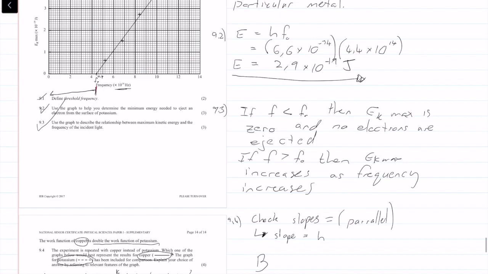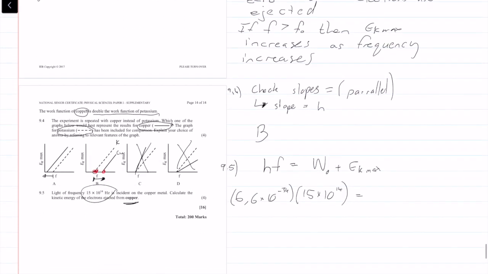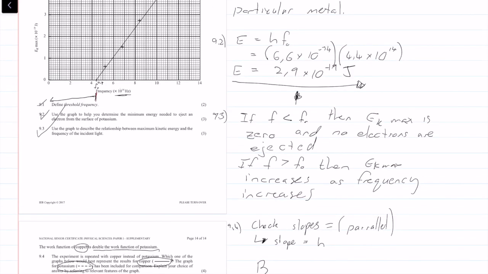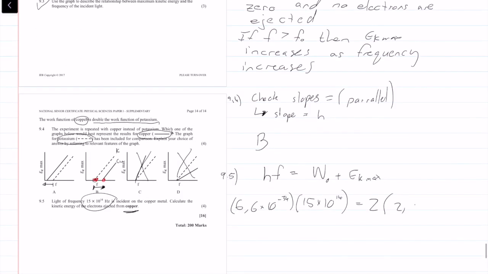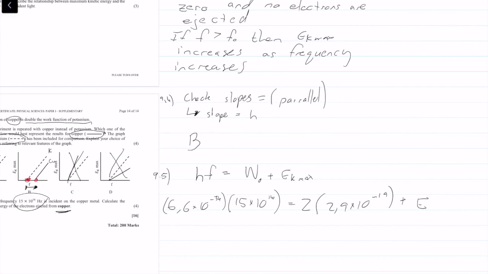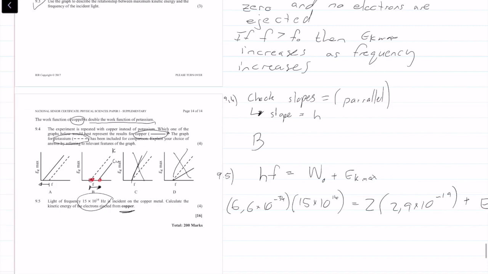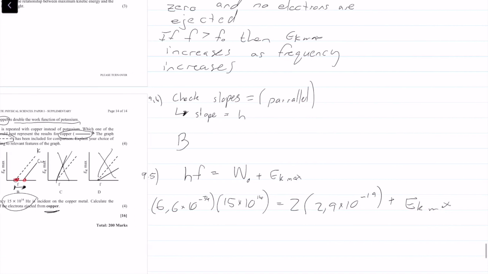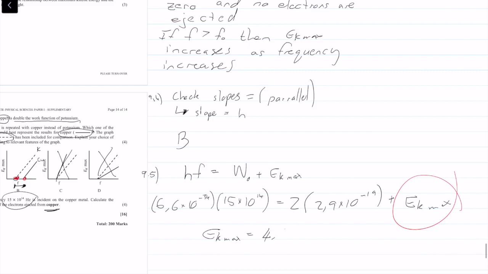We calculated the work function for potassium, so the work function for copper is twice that answer, 2 times 2,9 times 10 to the minus 19, plus the kinetic energy EK max. The only unknown is EK max, so we can solve for it, and the maximum kinetic energy is equal to 4,1 times 10 to the minus 19 joules. That is our final answer.